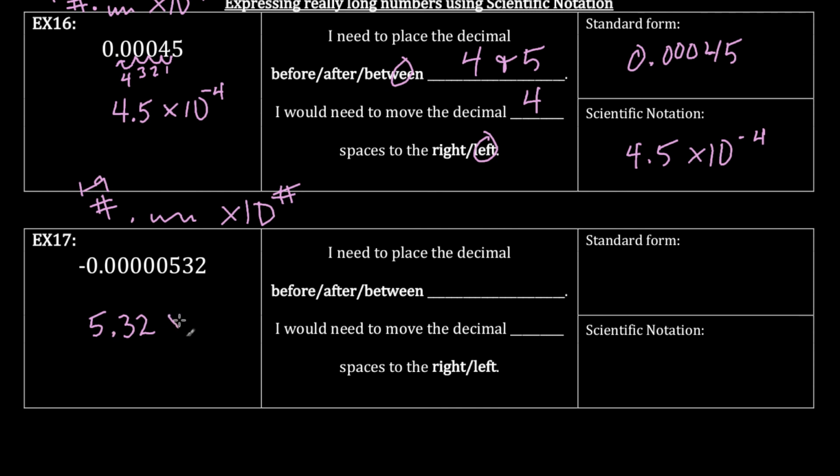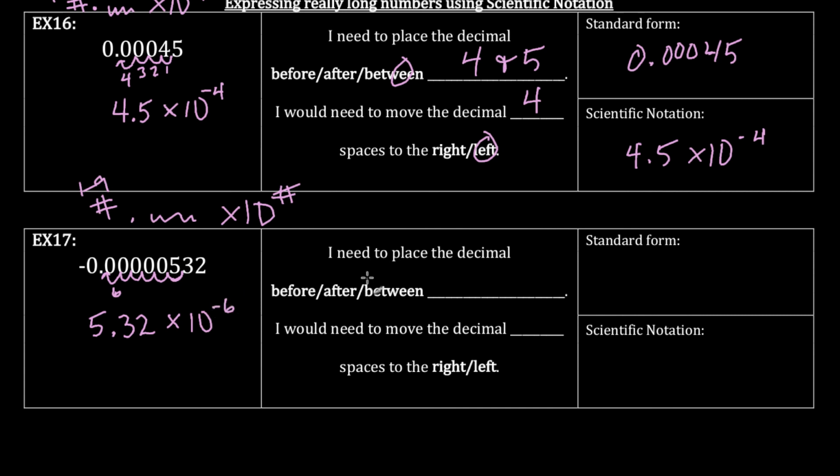If it was there, I would need to move it left 1, 2, 3, 4, 5, 6 times. So I would need to divide by 10 6 times. So the negative means I'm dividing.